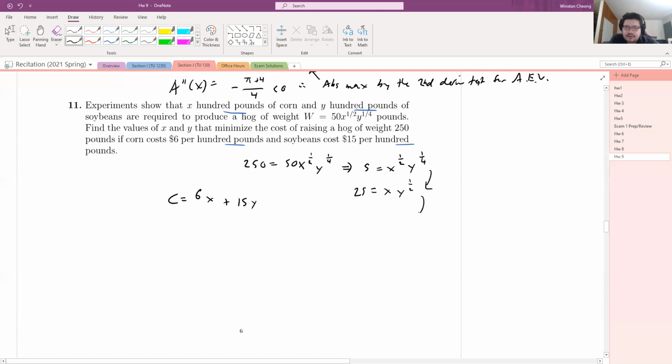If I square it one more time, 625 is equal to x squared y. Great. Now I can easily see that y is equal to 625 divided by x squared. So then I can plug that in. 6x plus 15 times 625 divided by x squared. So now I have cost as a function of x, and I can optimize.